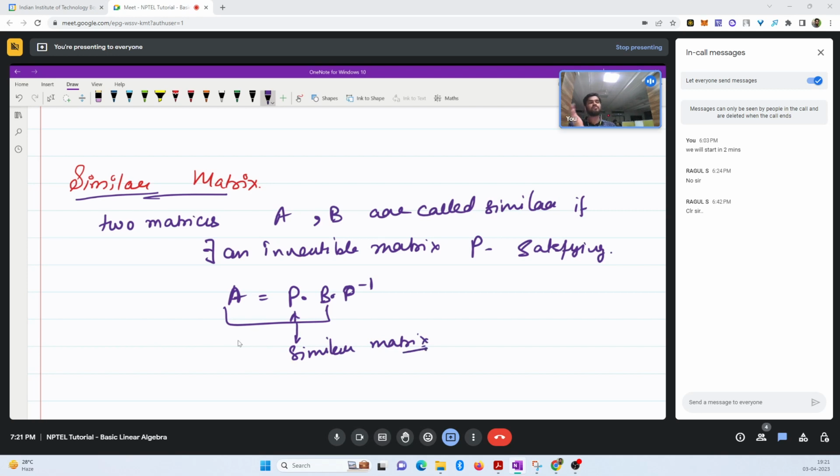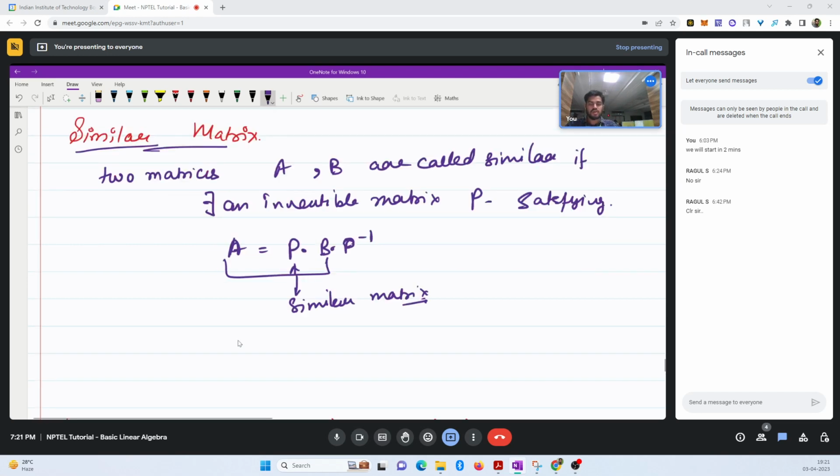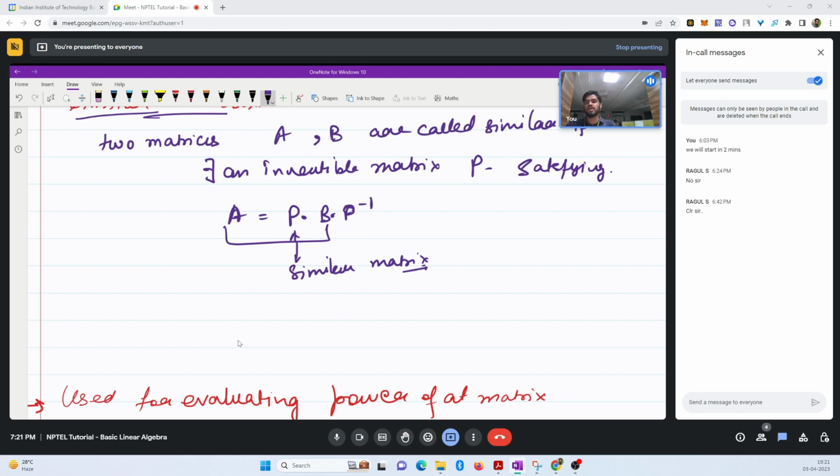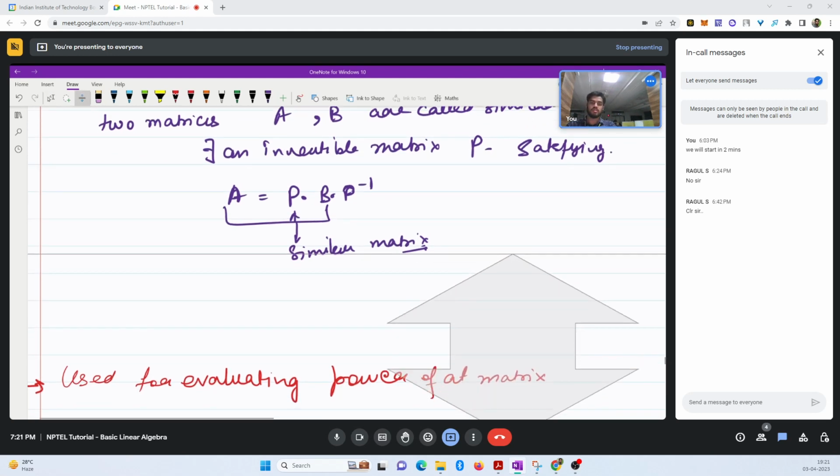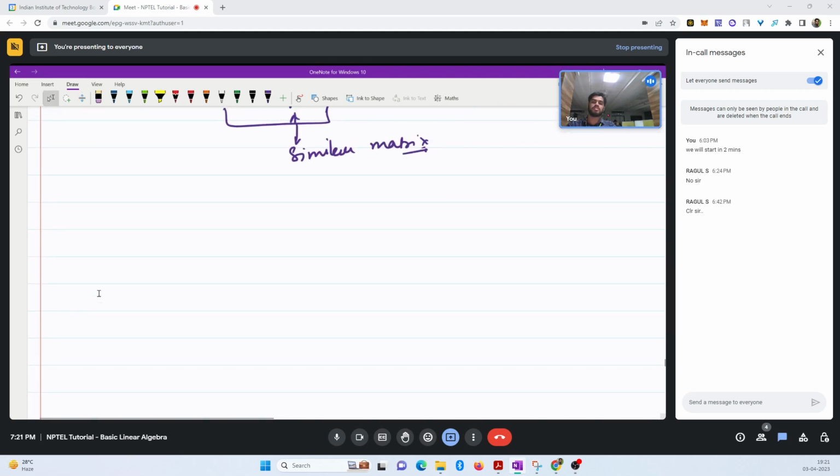Okay. If you have two similar matrices, then you will have properties like they both will have the same eigenvalues and those kinds of things. Okay. So why I brought up similar matrices over here is there is one more definition of diagonalizable matrix.